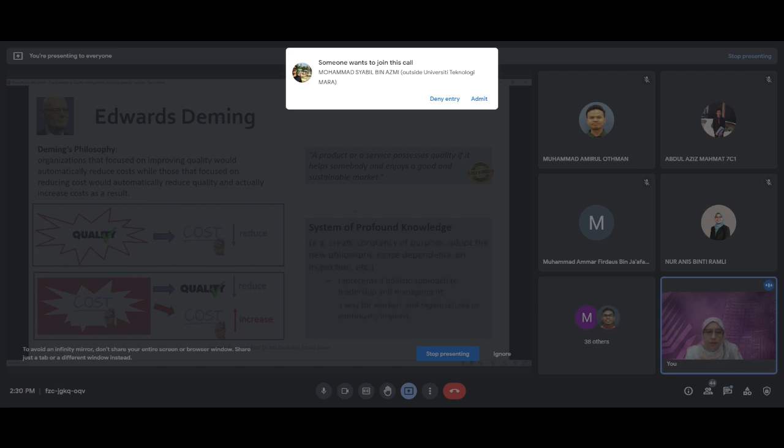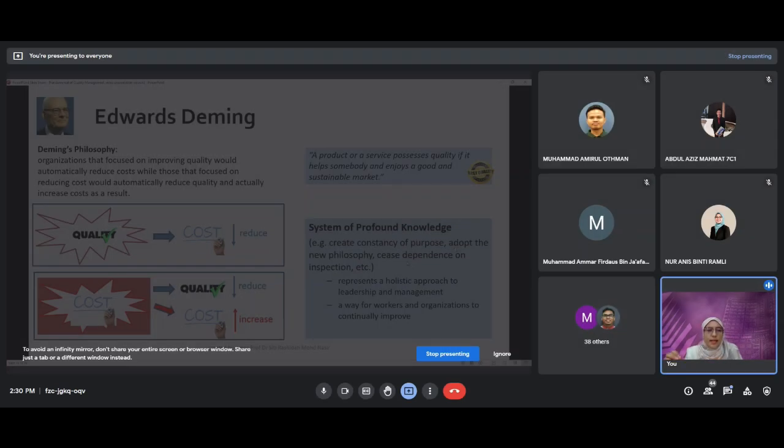Okay, so Deming also established a system of profound knowledge, which creates the constancy of purpose. He also proposed that we forget about the old methods and adopt a new philosophy, and stop depending on inspection.